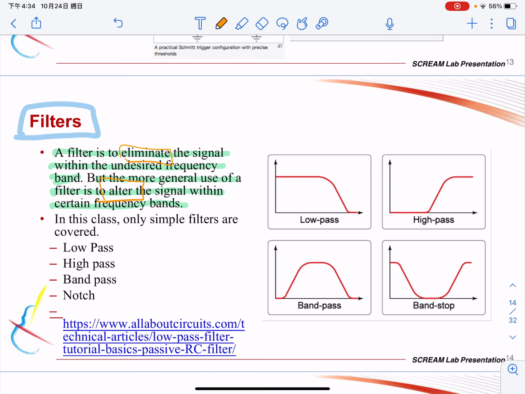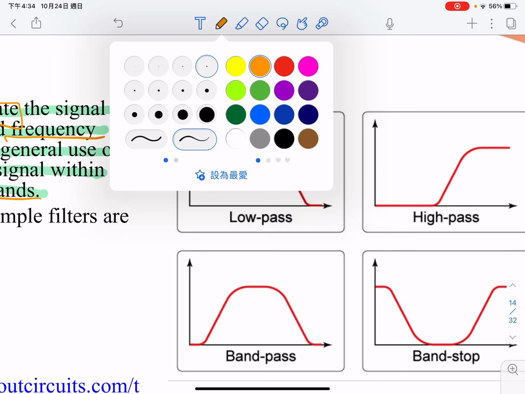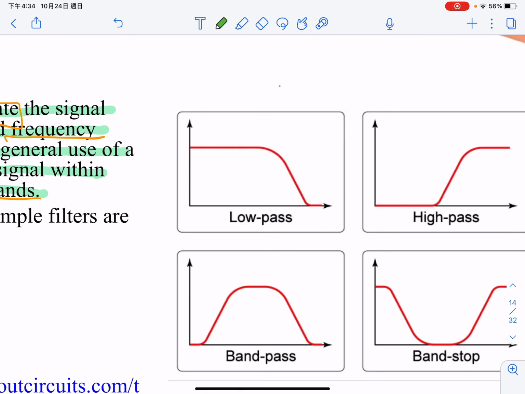And on the right-hand side, there are some very typical filters. The first one is the low pass filter. We have the frequency band here. And in general, this is a low pass filter. And usually we draw a line here.